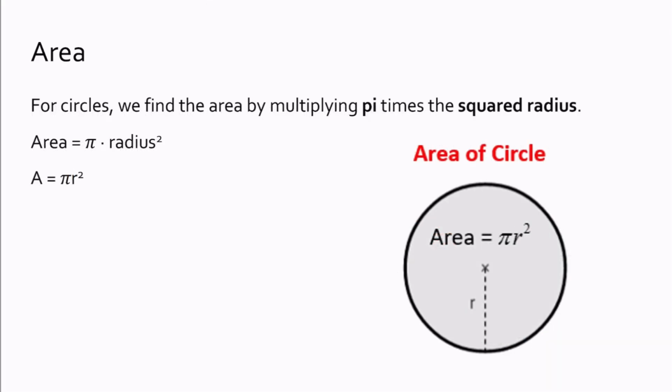Now when we're dealing with circles, just like with perimeter and circumference, how that was a little bit different, finding the area of a circle is also going to be different. So we're still using pi, that 3.14, but we're doing pi times the radius squared.